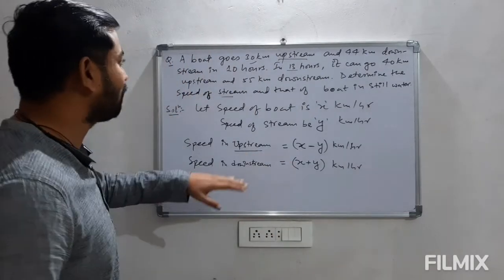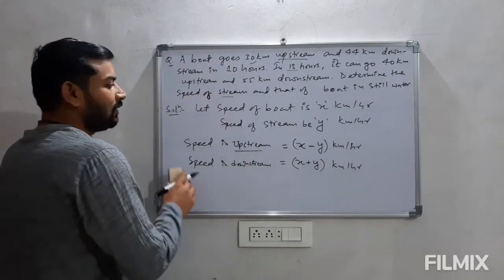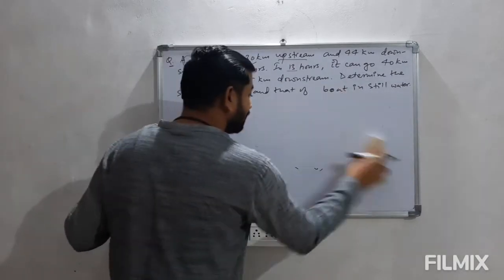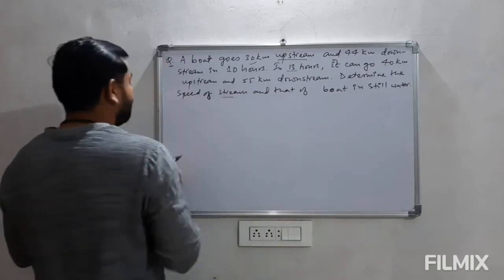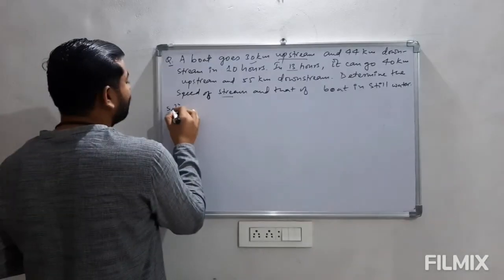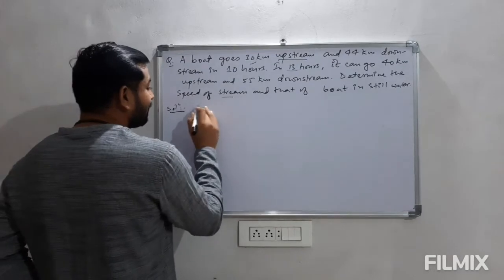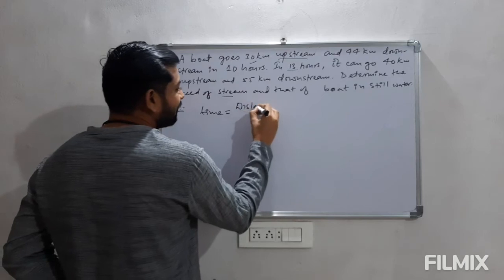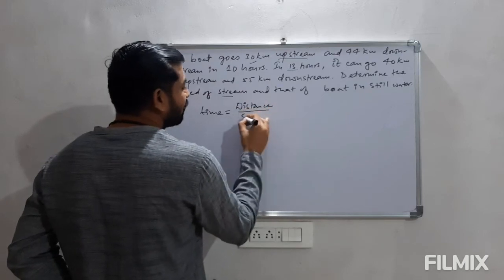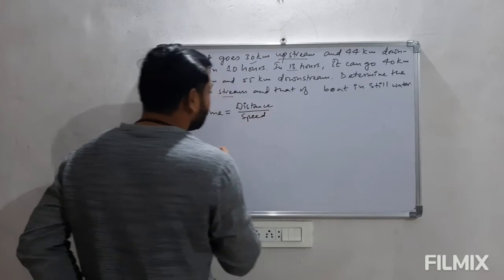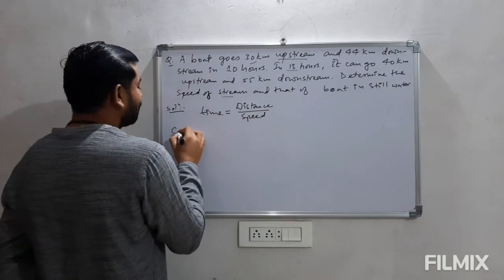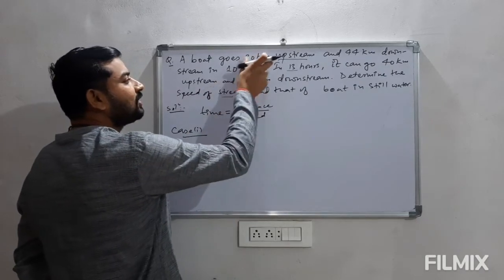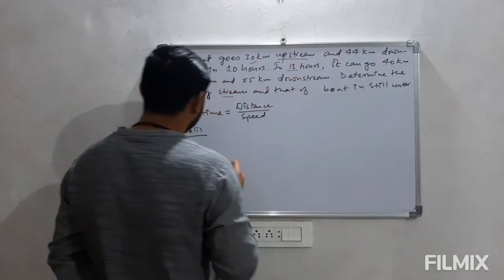Now we will use these speeds to get the time. When we talk about the speed-time relation, time is distance upon speed. In case 1, it takes a total of 10 hours to move 30 km upstream and 44 km downstream.